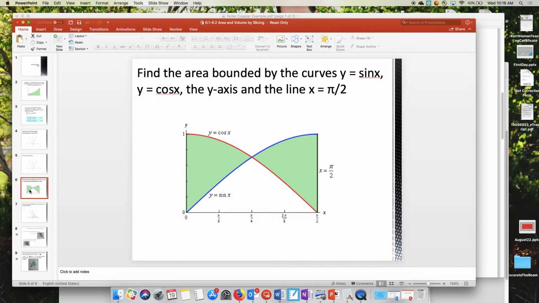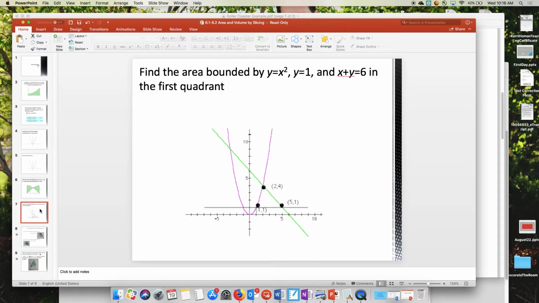The integral from 0 to pi over 4, and then the integral from pi over 4 to pi over 2, because the top and the bottom function switch. Here again, in this picture, if you are integrating with respect to x, when we draw in our rectangle, the top function switches here at x equals 2. Okay? Integrating with respect to x, is this our best option in this picture?